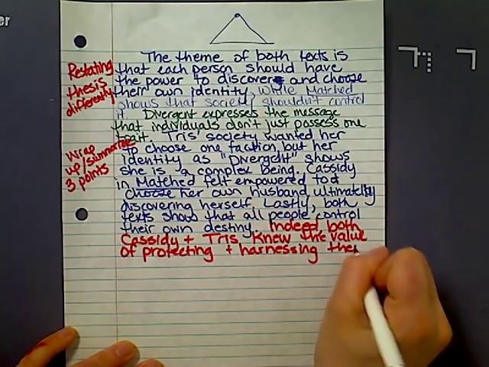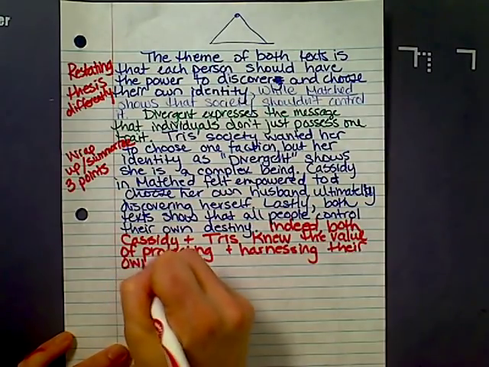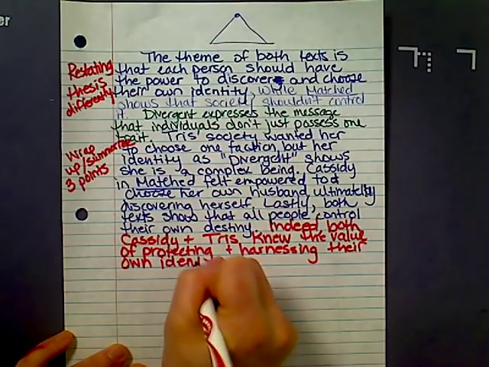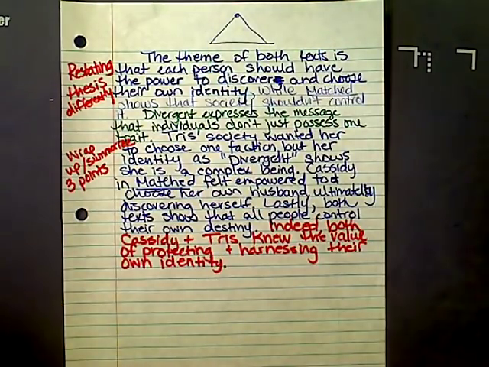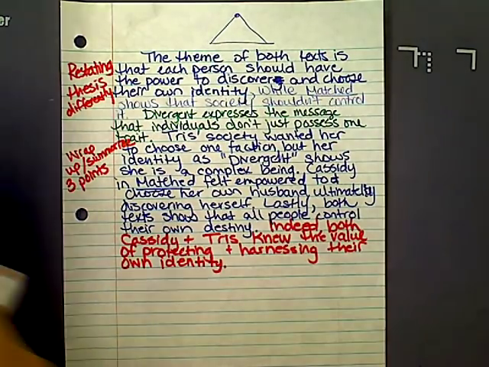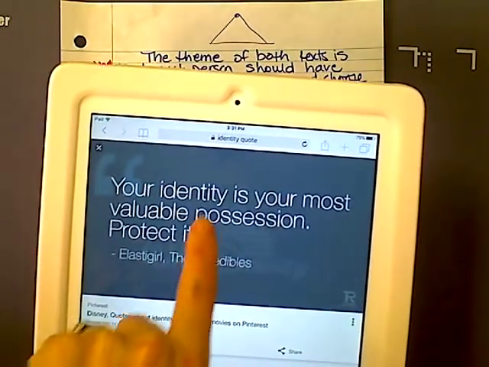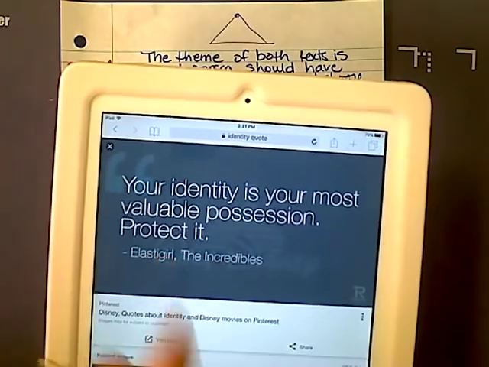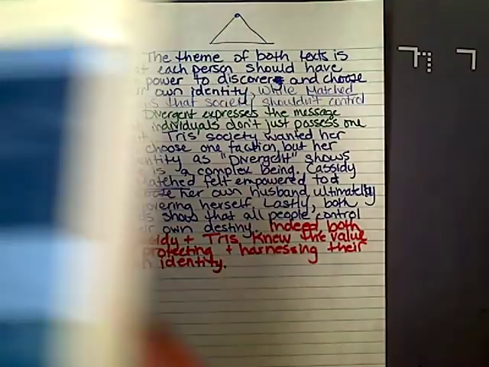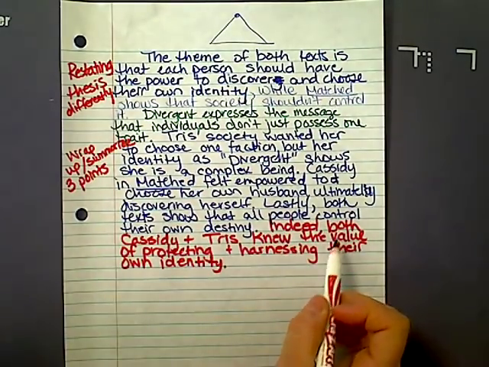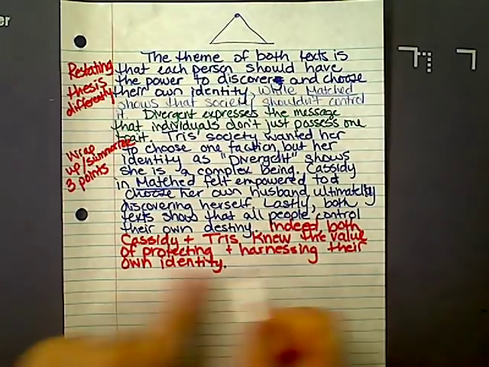Notice how I'm really using some of the same words from my quote, but I'm not repeating my quote. My quote, my hook, had this idea of your identity being a possession and to protect it. So I've got this idea of protecting my identity. So I said Triss knew the value of protecting her identity.